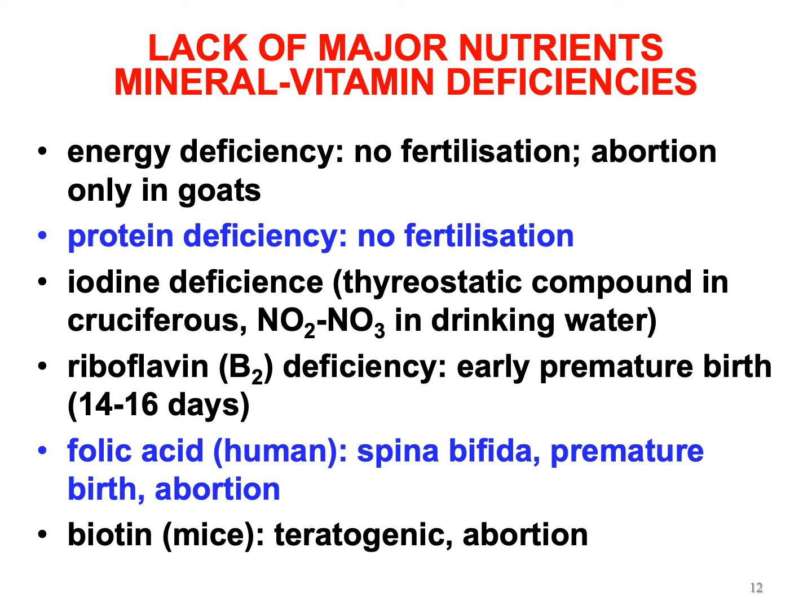From the minerals, many have been mentioned in relation to abortion, but a direct case report can be found only in case of iodine deficiency, with or without the common effect of thyreostatic compounds in cruciferous plants and/or nitrate in the drinking water.